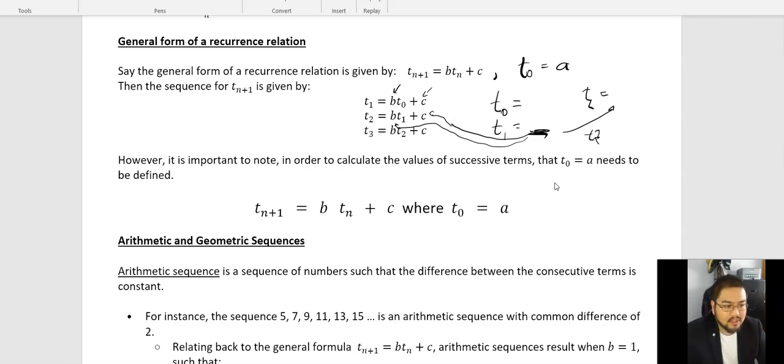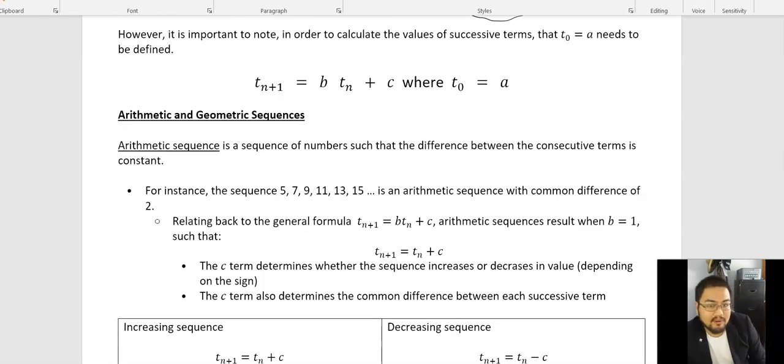So all the sequential terms depend on the previous term. That's the whole point of recurrence relations. However, it is important to note, in order to calculate the values of successive terms, that T0 equals A needs to be defined.